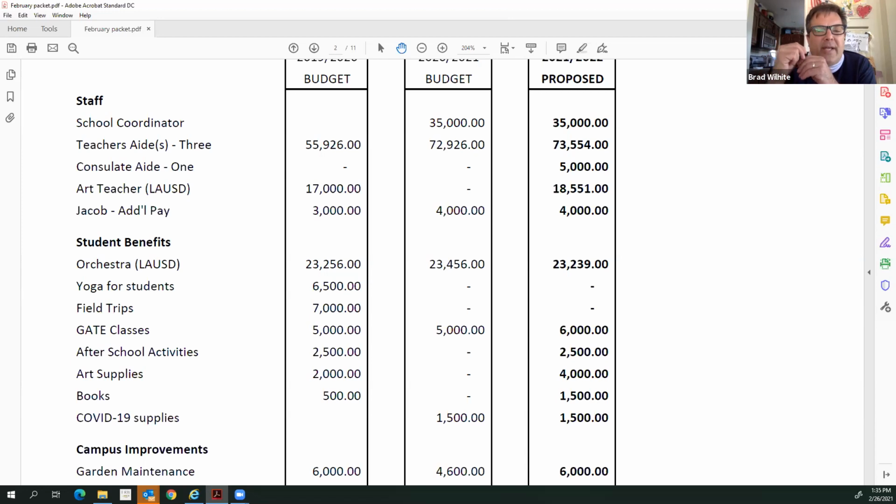I feel like everything that we pay for, they get a pass on. I feel that they should pay for orchestra, but we pay for orchestra, which is great. But I think it would be great to have some kind of pipeline from boosters to LAUSD so they know us well, they know our concerns and they hear them a lot. I think that would be helpful.